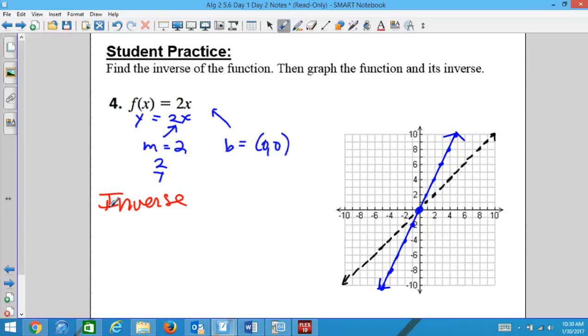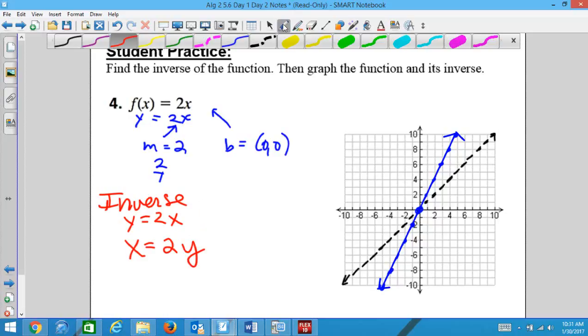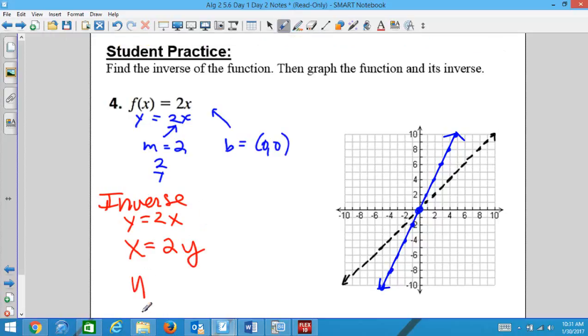We have y equals 2x. What are we going to have to do next? You have to switch the x and y. So we have x equals 2y. And then we're going to solve for y, so you divide by 2. And I'm going to get x divided by 2.